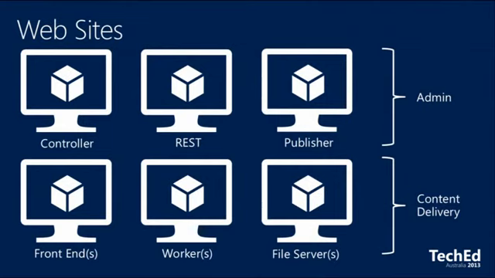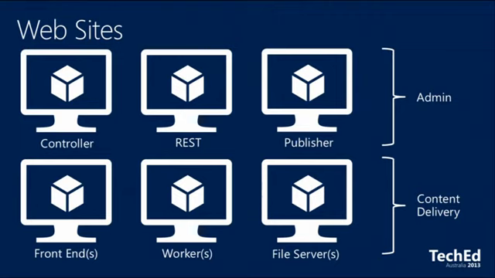For the website stuff, there's basically two bits of that. There's kind of the admin side of stuff and the content delivery side of stuff. The content delivery side stuff's really easy. It's basically, there's front ends, and the front ends are basically running application request routing, and they run caching, and they're basically stateless caches. And you would network load balance those somehow.